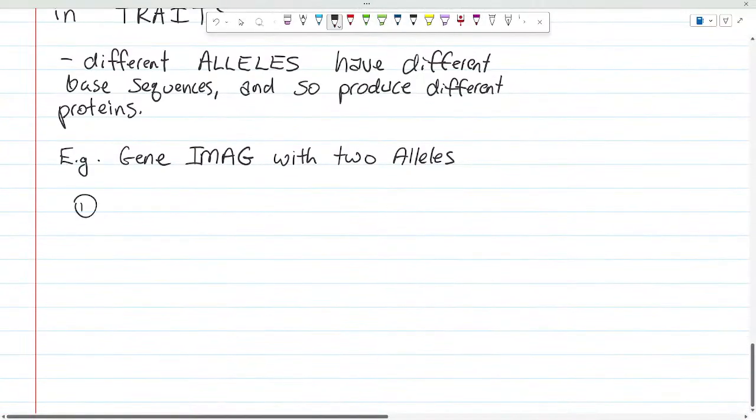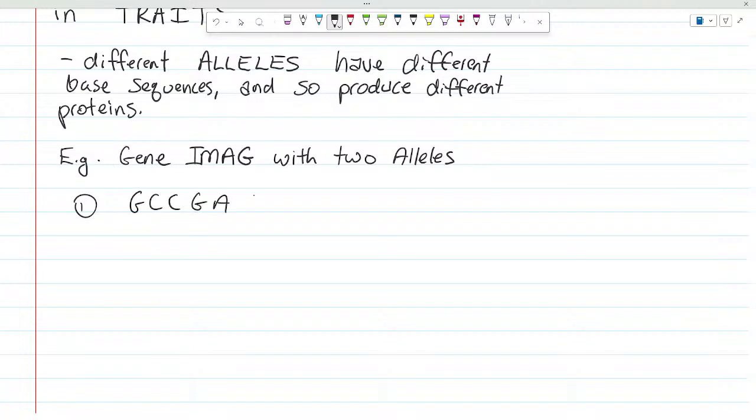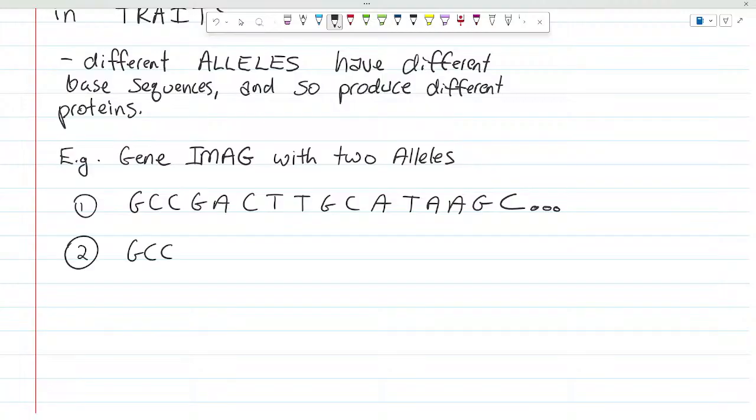The first allele could have the code, I don't know, GCCGACTTGCATAAGC. I'm just making stuff up here. And that would obviously keep going because a typical gene will be anywhere between 50,000 and 5 million base pairs long. So, this one, not very big. And then the second allele might be GCCGACTTG.